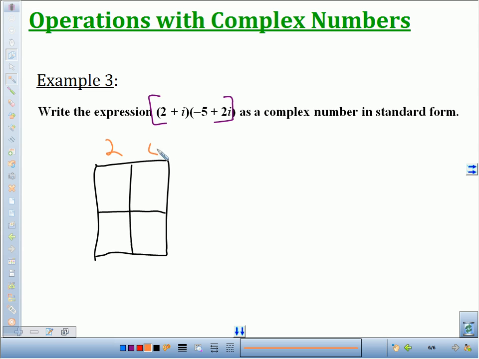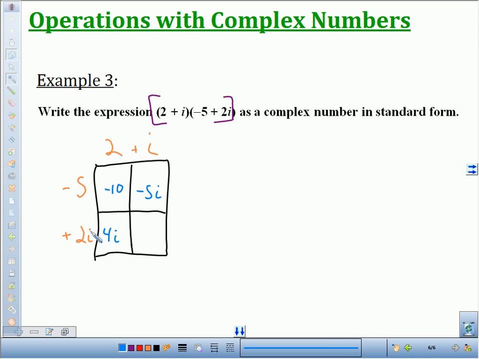So I'll put 2 and plus i along the top, negative 5 and 2i along the side, and I will fill in my box. Negative 5 times 2 is negative 10. Negative 5 times i is negative 5i, just like if it was x. 2 times 2i is 4i.